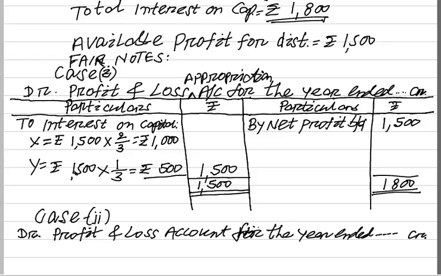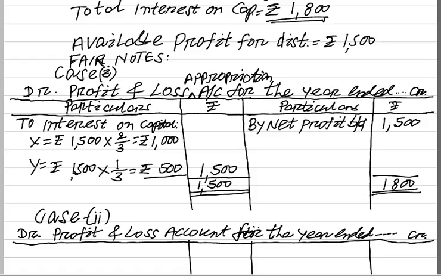In this case only profit and loss account will be prepared. Draw the format. This is debit side or particulars side.